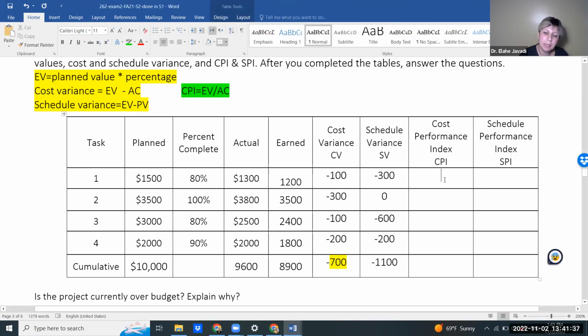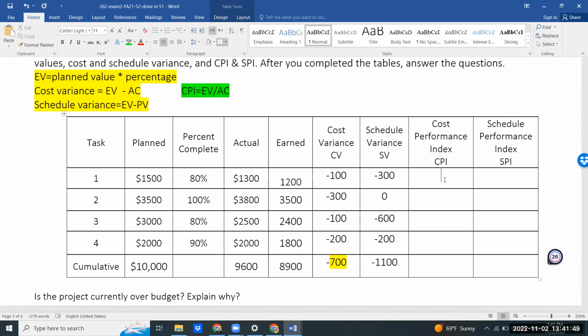Can you give me CPI for the first one, please? Does it matter the decimal? Give me 2 decimal points, 2 is good, I think, for this question. Okay, I got 0.92. Perfect. Thank you, Genesia.